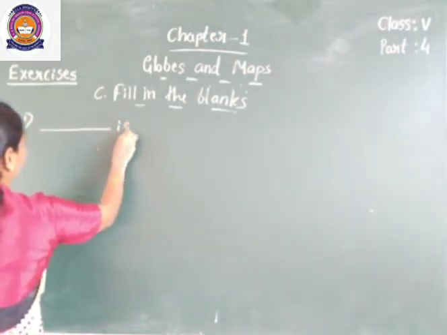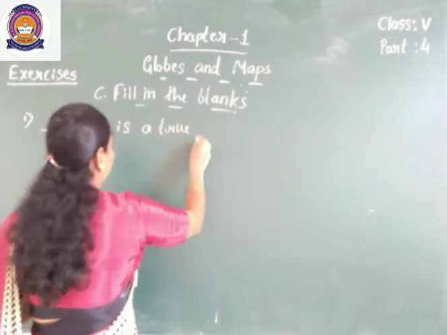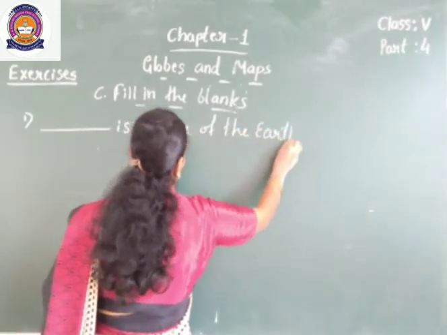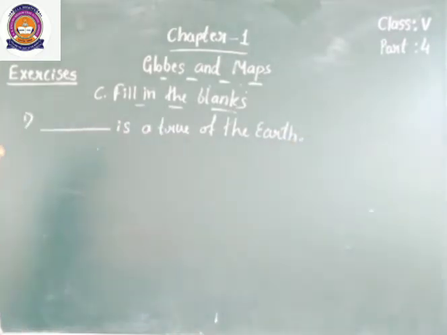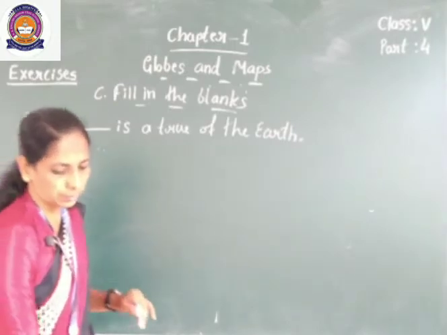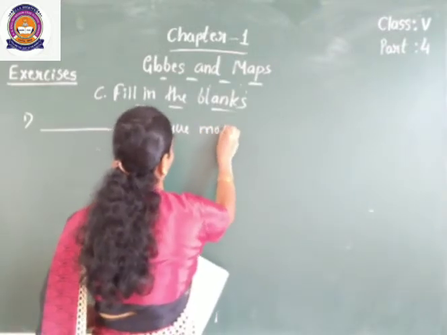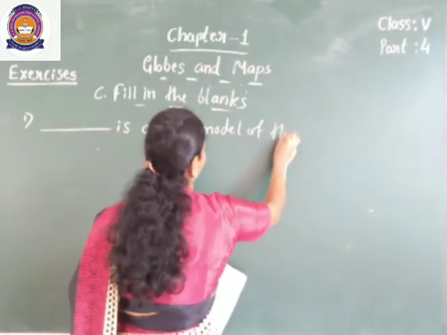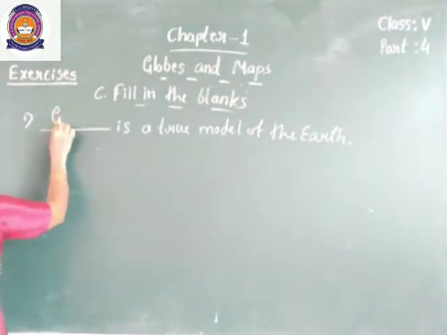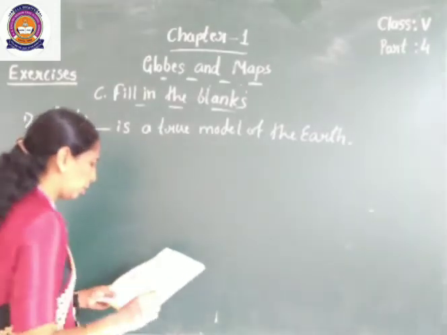Dash is a true model of the earth. So you know the answer. Answer is globe. Globe is a true model of the earth.